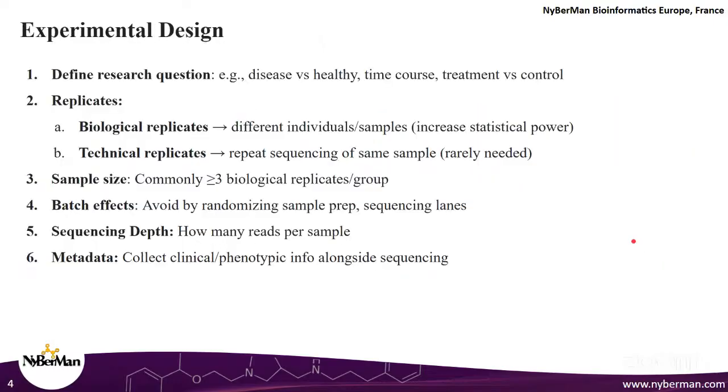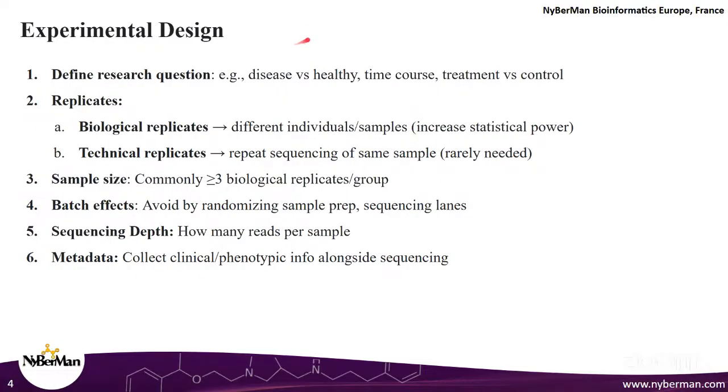So first and foremost is the experimental design. Here we firstly define the research question. This is where we set our goal. This is where we define what we are actually trying to figure out, right? In very simple words, we are trying to figure out the control and the case conditions here.